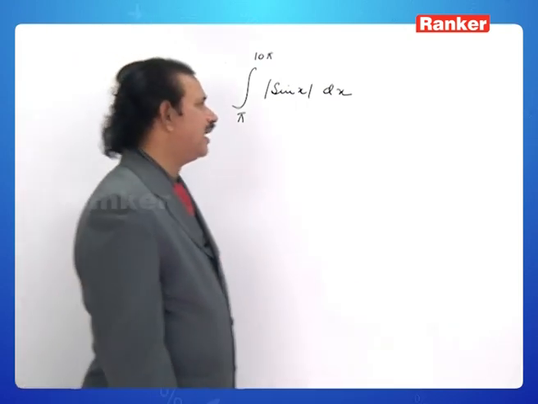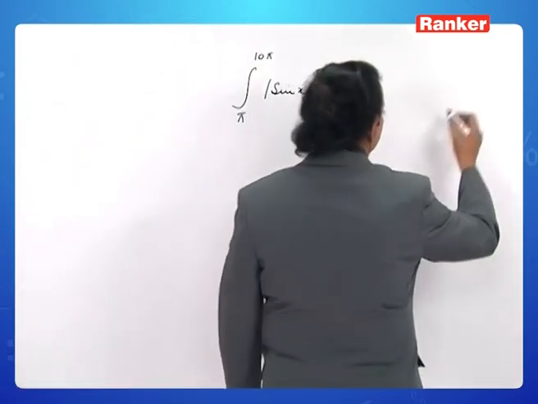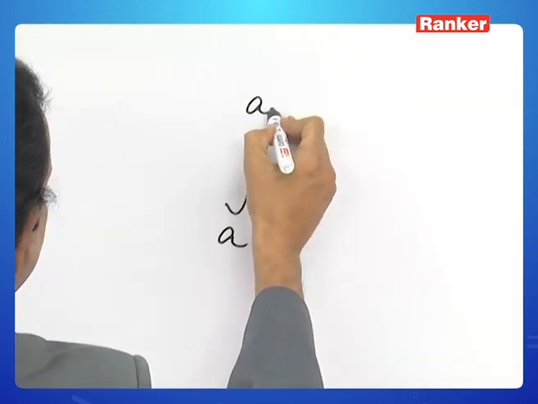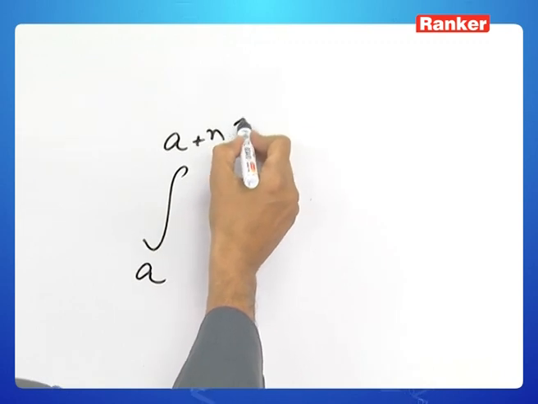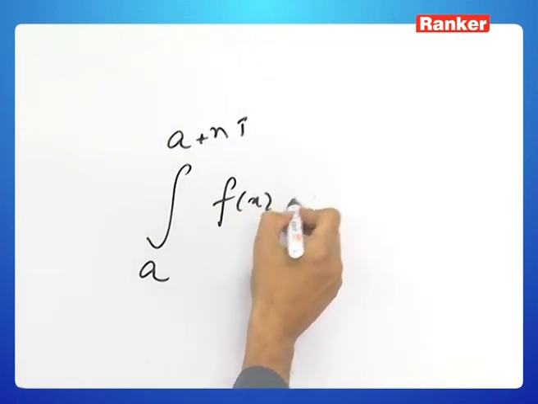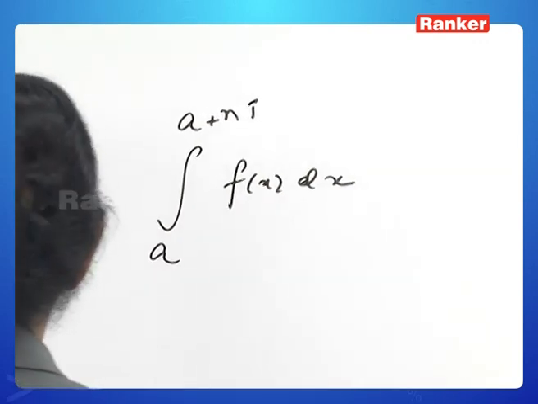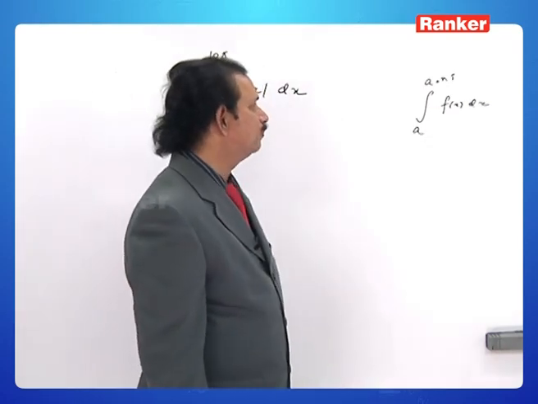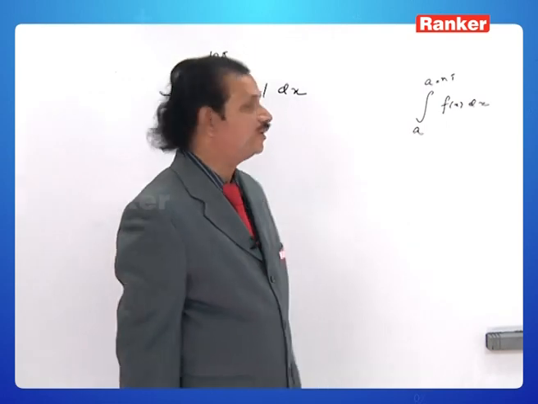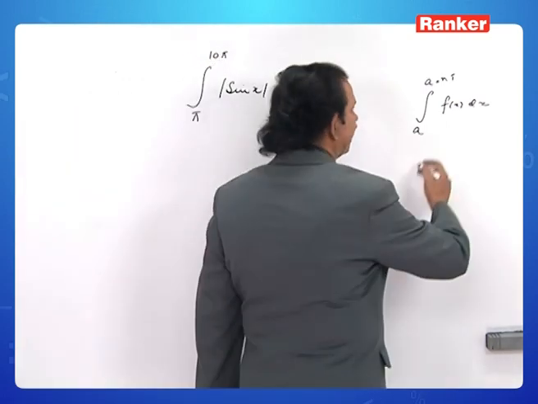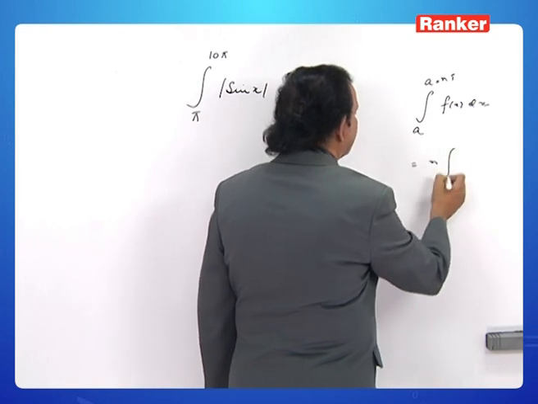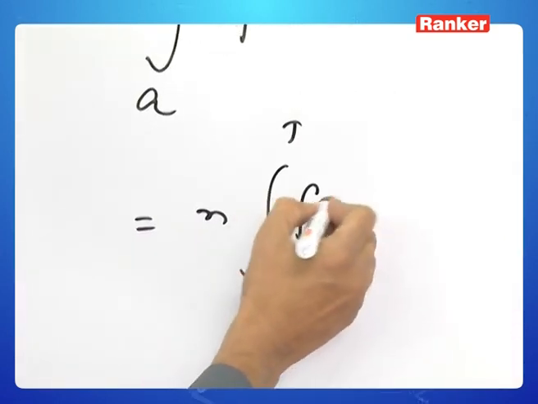But you see, we have a beautiful formula: if f of x is a periodic function with period t, then integral a to a plus nt of f of x dx is equal to n into integral 0 to t of f of x dx.